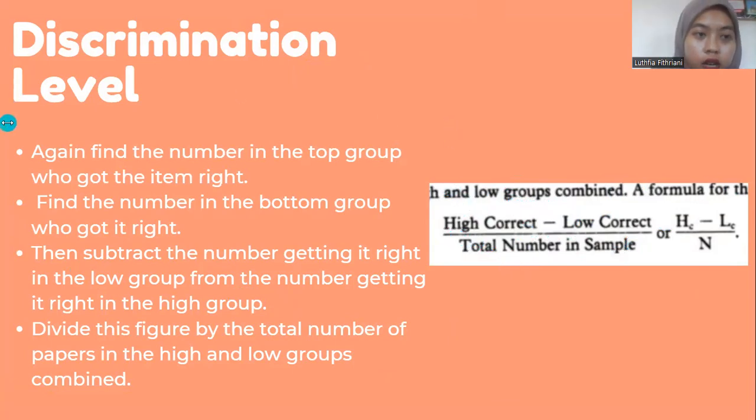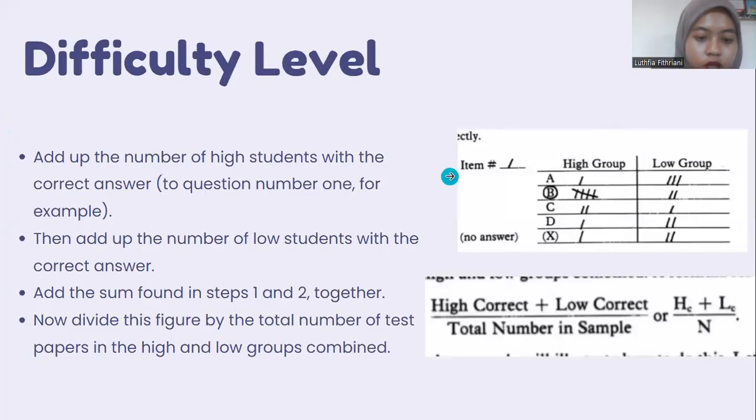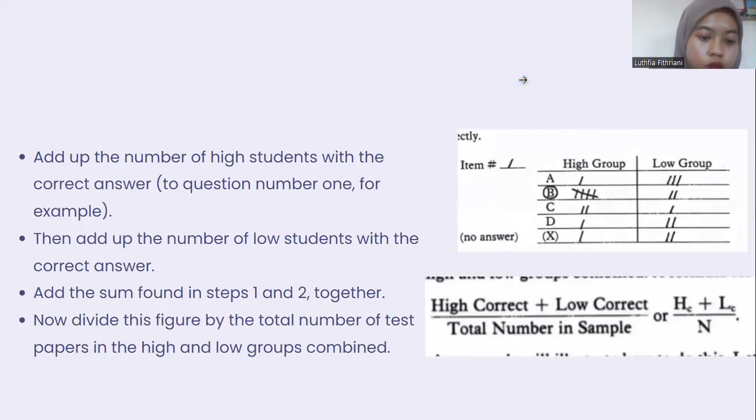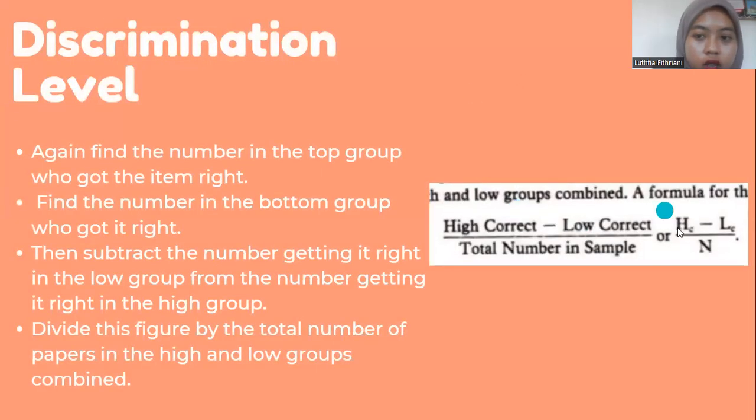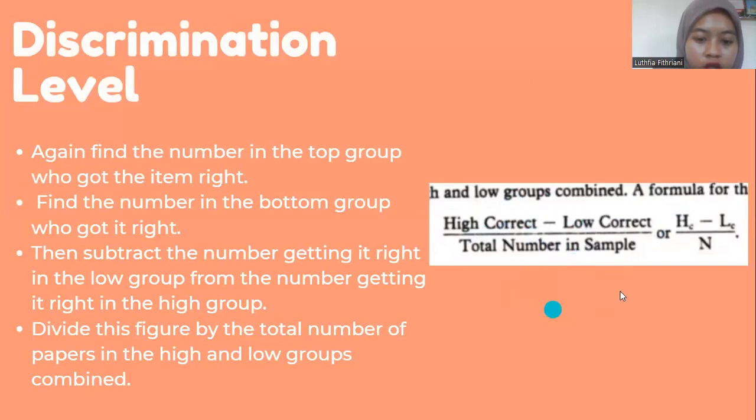So for the example before, we know that the correct answer is B. So subtract the 2 in the low group getting the item right from the 5 in the higher group. This leaves 3. Dividing 3 by 20, the number of high plus low, we get 15%. So for the question number one, the discrimination level is 15%.